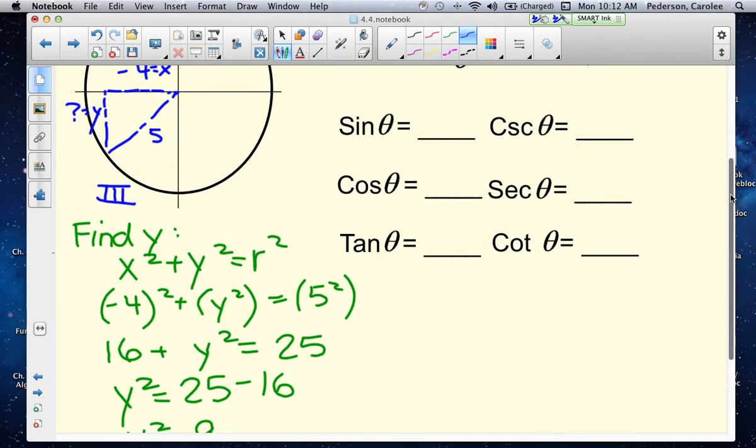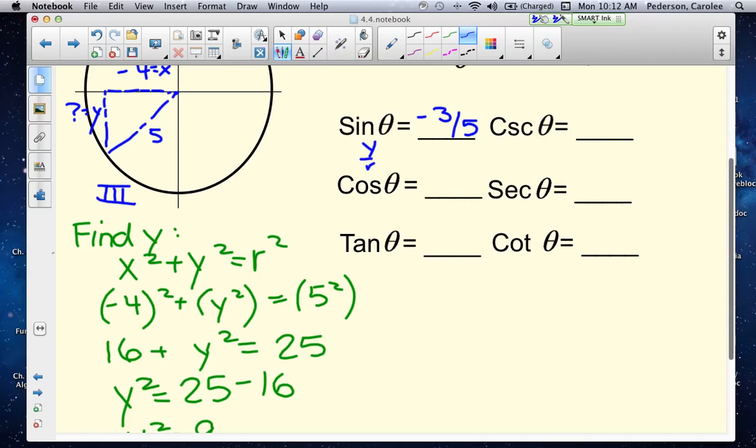So the sine. The sine is y over r, so -3 over 5.